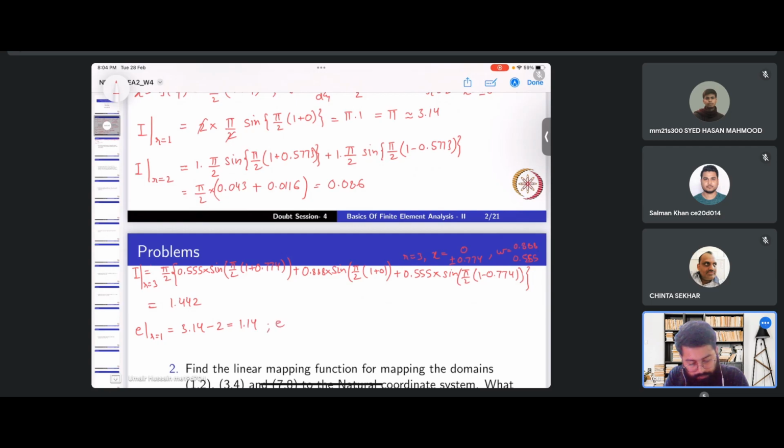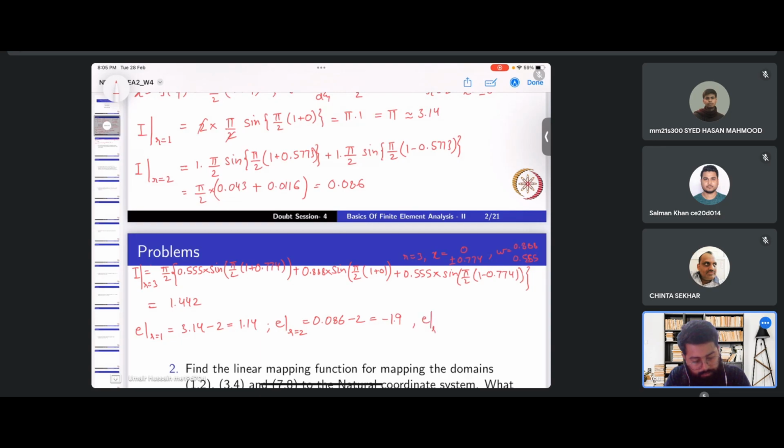Then for r equals 2, we had an error of 0.086 minus 2, so we have minus 1.9.